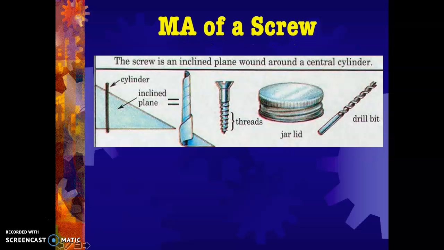So how do we do the mechanical advantage of a screw? This is a little different than what we have been doing before. So this has its own little mechanical advantage. Again, if you have the force in and force out, you can calculate the mechanical advantage.